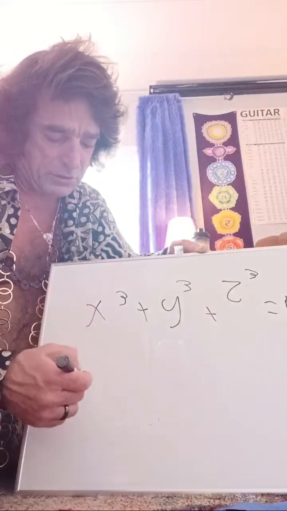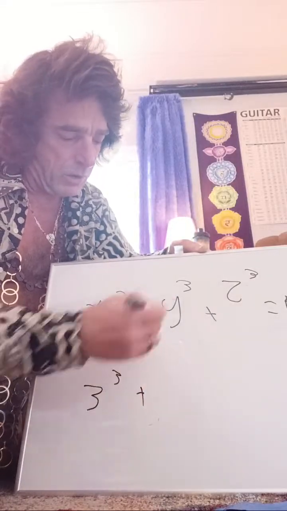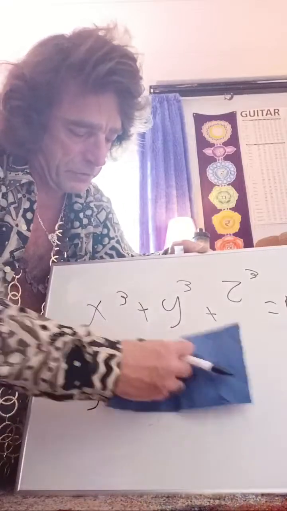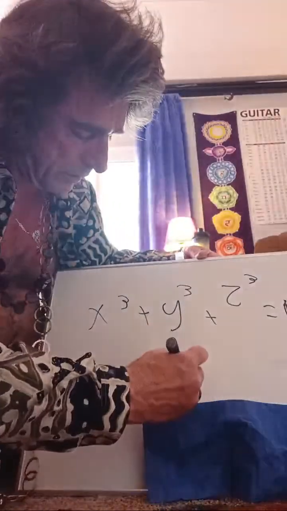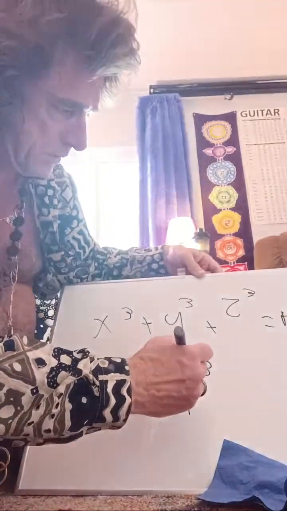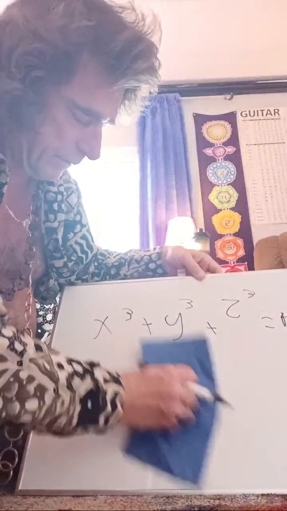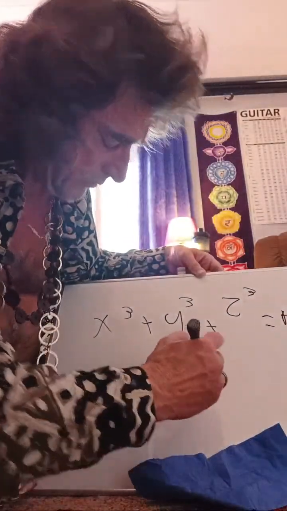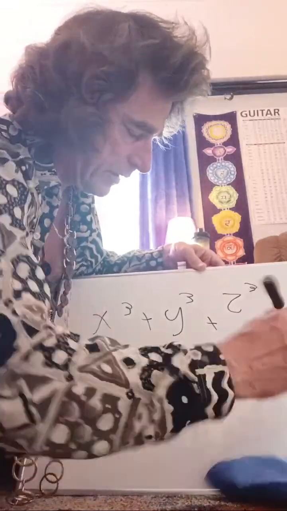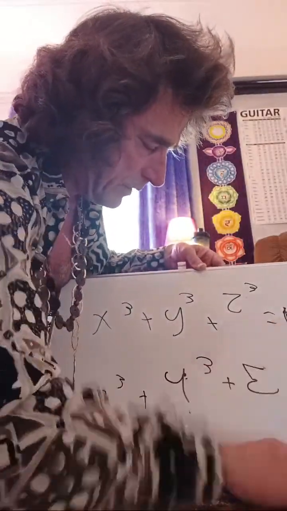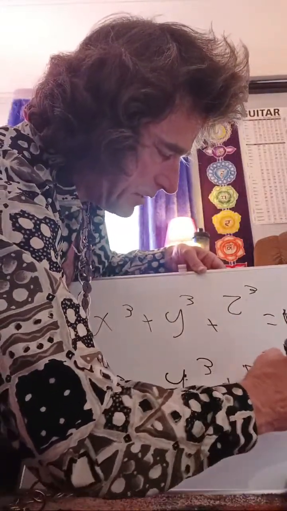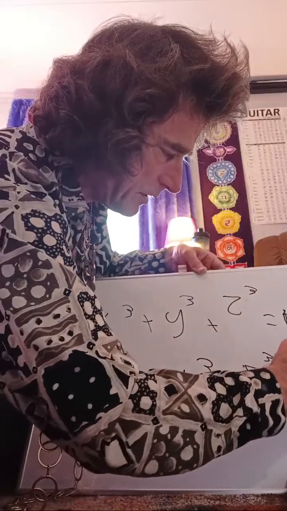x is 3, which would make 3 cubed. y equals 4 would make 4 cubed. Plus z is 5, 5 cubed, equals 6 cubed.